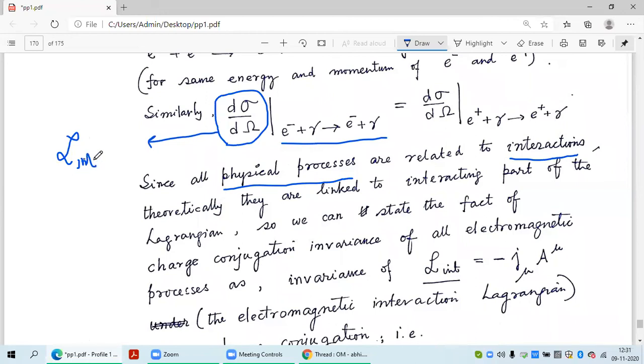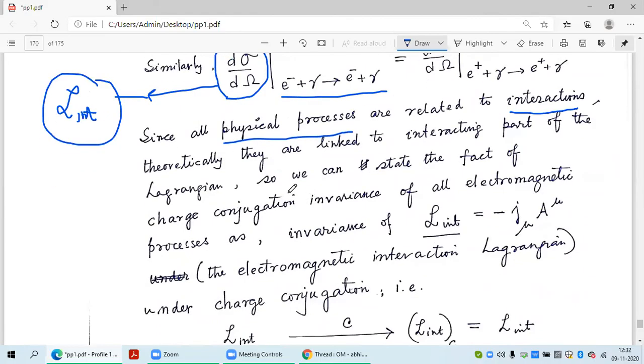So if L_int is given, you can uniquely calculate sigma. That is called the Feynman calculus. But in this calculation, the free Lagrangian will never come. Since they are interactions, they must be related to interaction Lagrangians. That we can intuitively say.